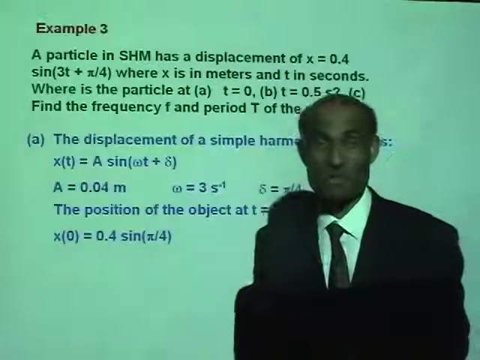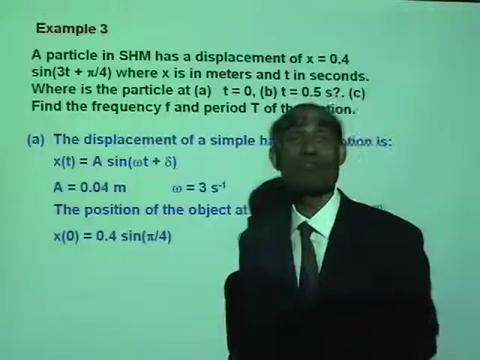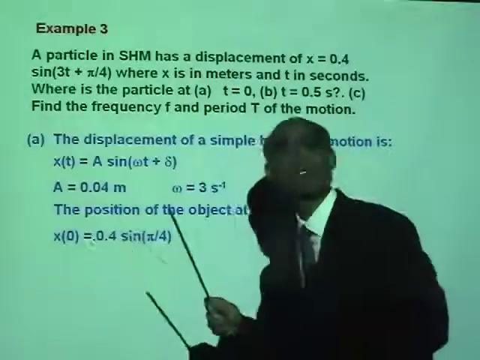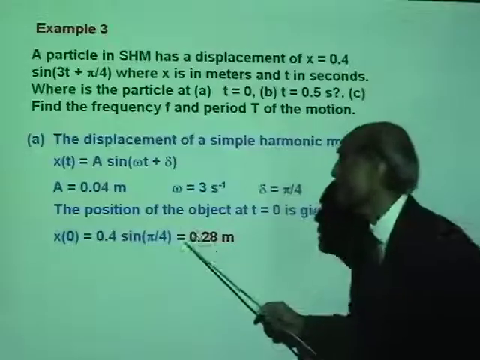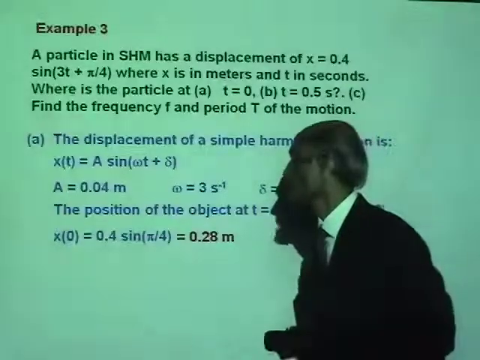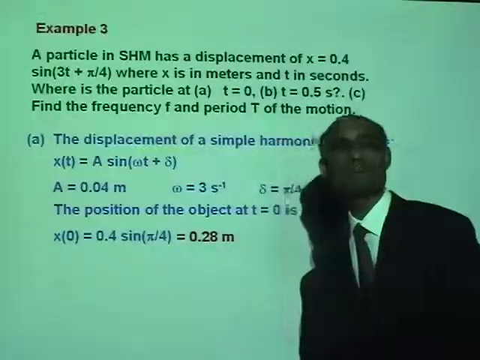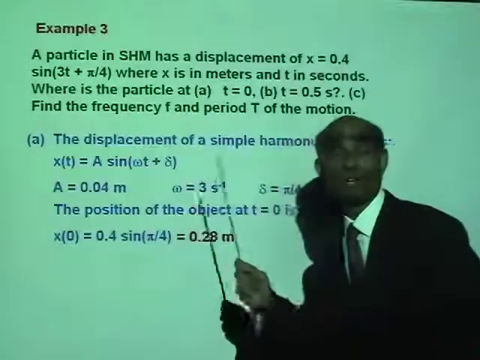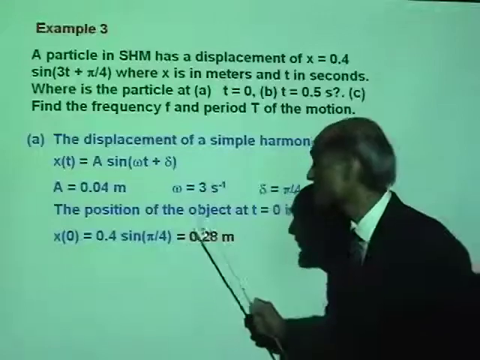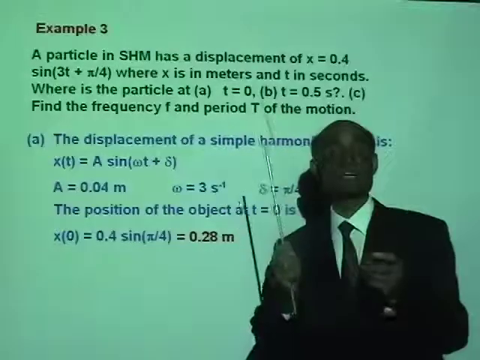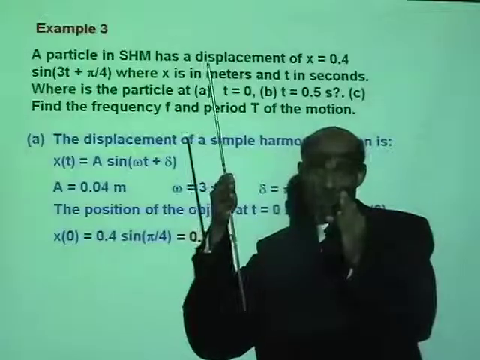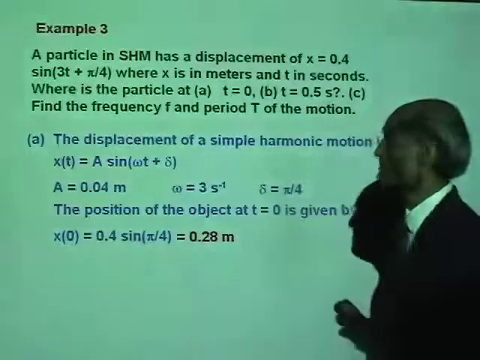I'm sure most of you know it. Sine of pi by 4 is root 2 over 2. But you can put this in your calculator and obtain the value. I got this as 0.28 meter. So at t equal to 0, the oscillating object is at 0.28 meter.